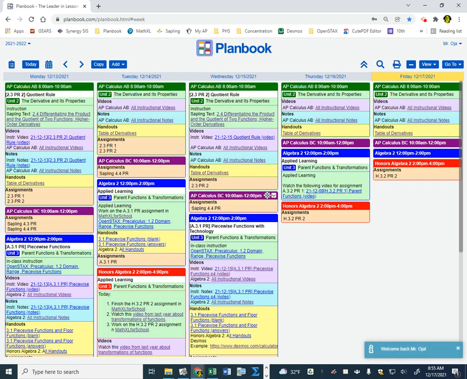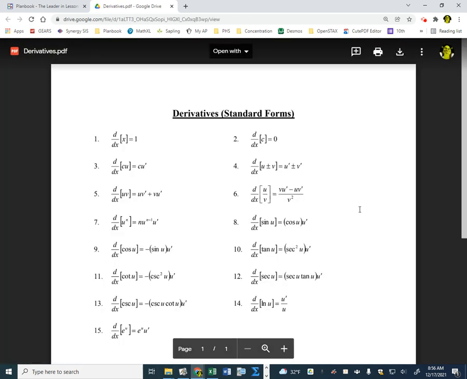If you go into calculus on the handouts, it'll always show up in the handouts for every day. It just shows up as a table of derivatives. So if you click on that, it just gives you that. Okay, and that's our current table of derivatives. If we add more later in the year, we'll just add those to the list.